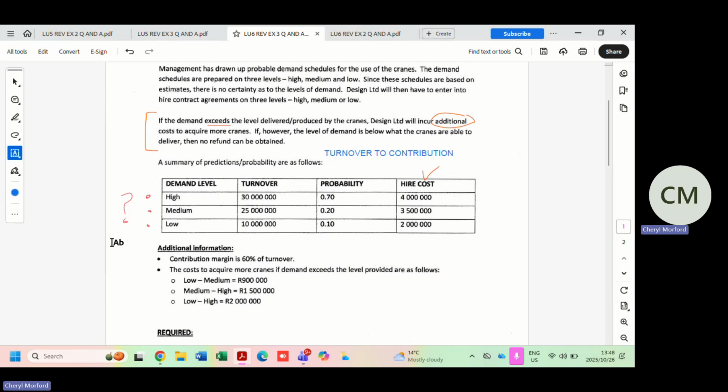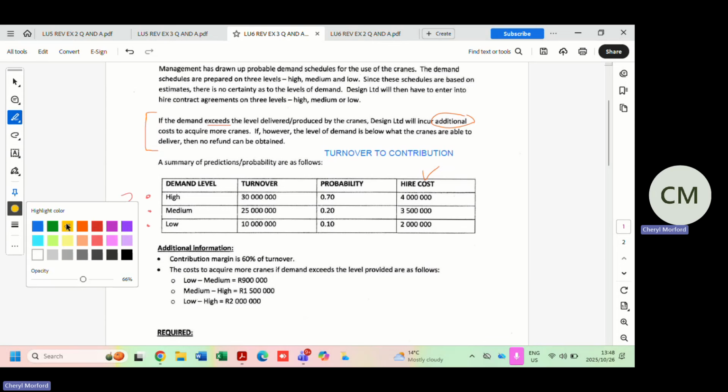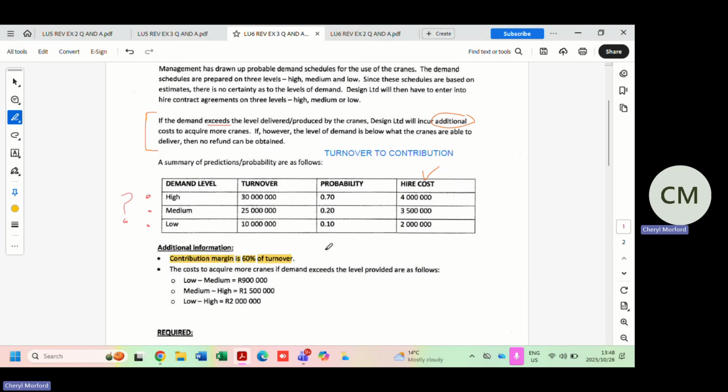So over here, we're going to have a look at this piece of information. This one is really important. It says the contribution margin is 60% of turnover. So if you remember from the recordings I made in Learning Unit 5, contribution margin, once you've deducted your variable cost from your selling price. So now, if we are told what that percentage is, we can then go and work out what the contribution is.